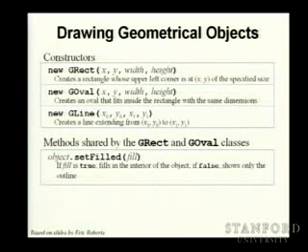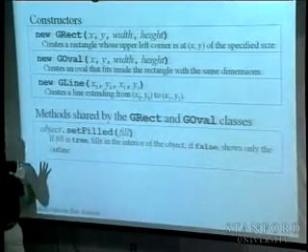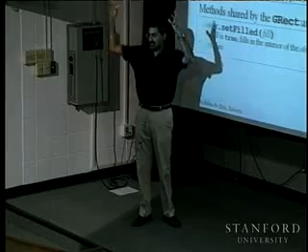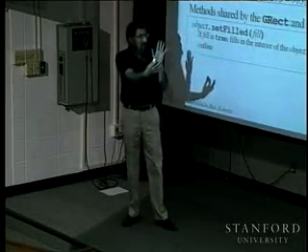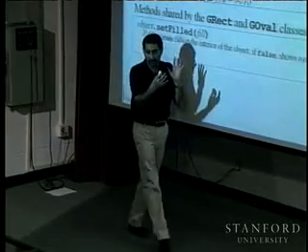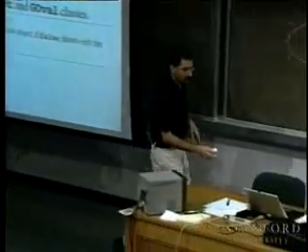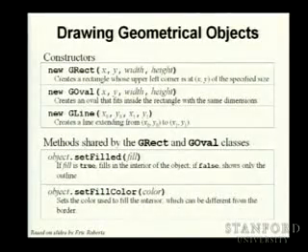So you say if it's filled, this is either true or false with the actual word true or false. So if you set it to true, then when you draw it, you say, hey, put this thing up on my canvas. By adding it to the canvas, it will show up filled in. It will show up solid. And if this is set to false, it just shows up as the outline of the object, whether that's an oval or a rectangle. And almost done here, there's also a notion of a set fill color.